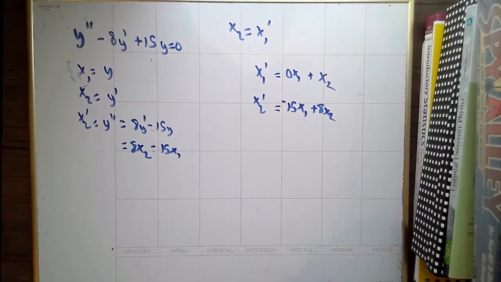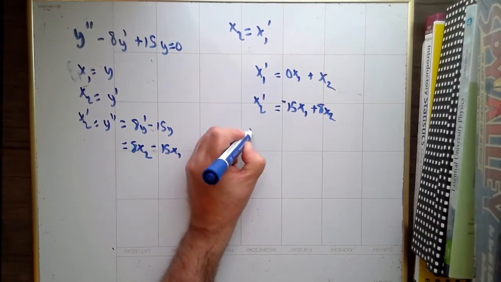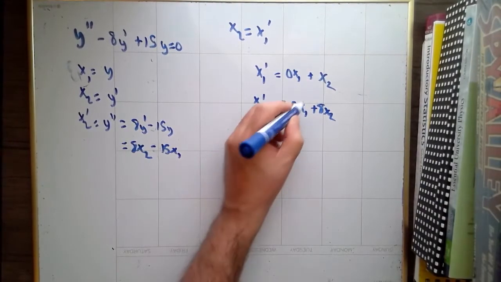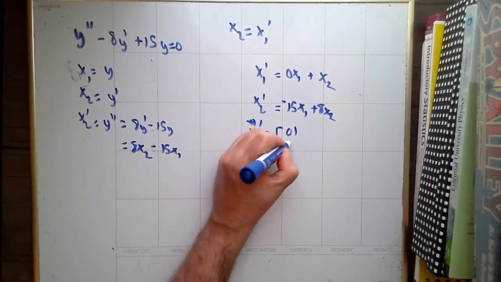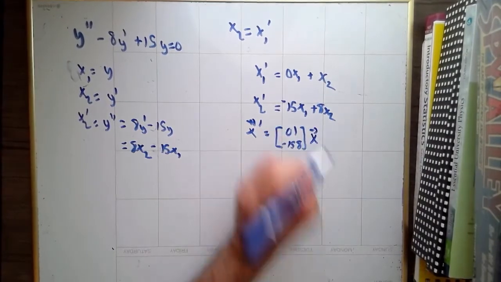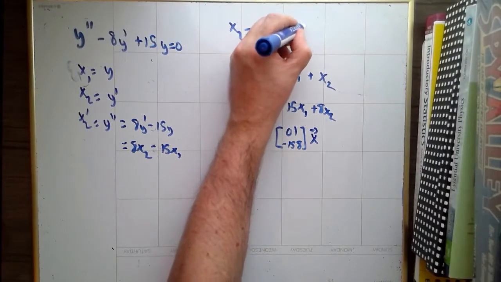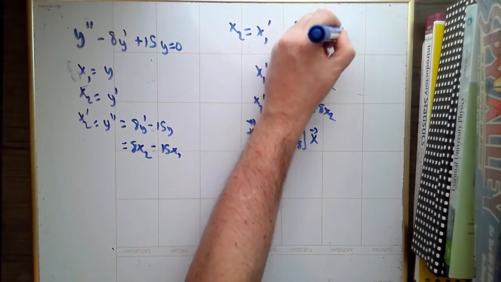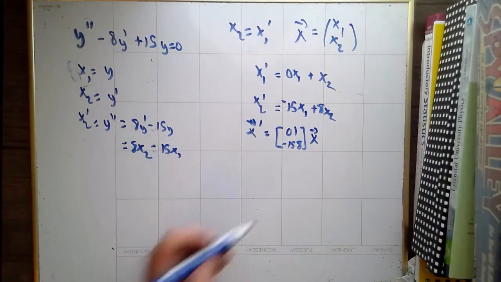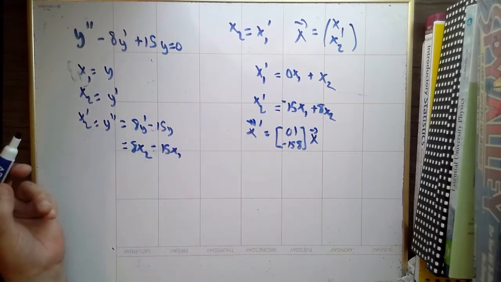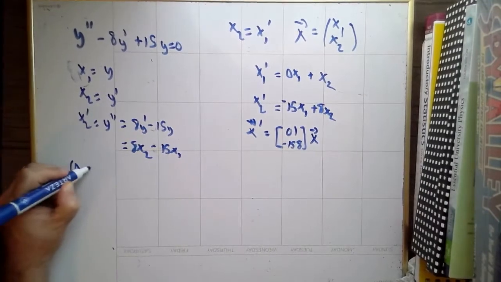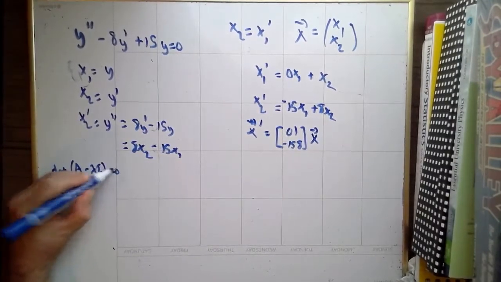Okay. Yeah, I think we have space here. So I can write this in matrix form. My x vector prime would be the matrix 0, 1, negative 15, 8 times my vector x, where the vector x is the vector x1, x2. Okay, so we just want to find the eigenvalues of this matrix. So I want the determinant of A minus lambda I to equal 0.